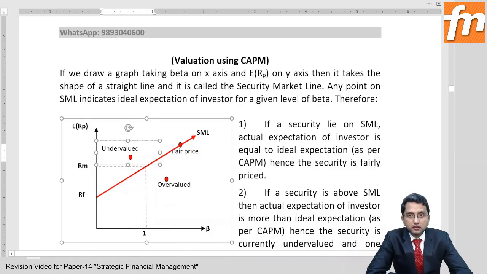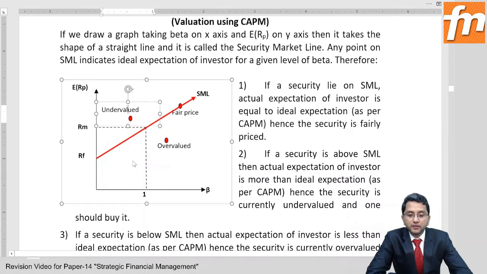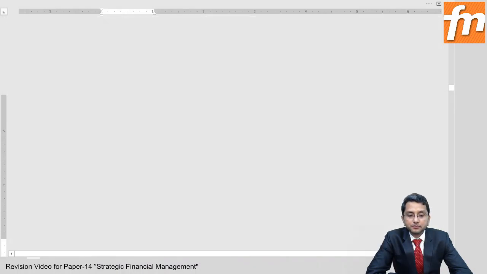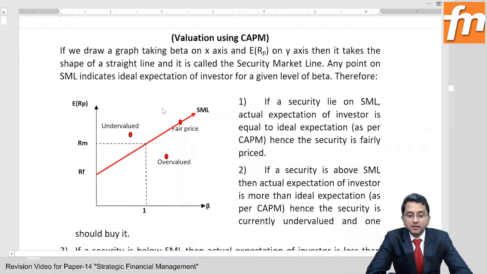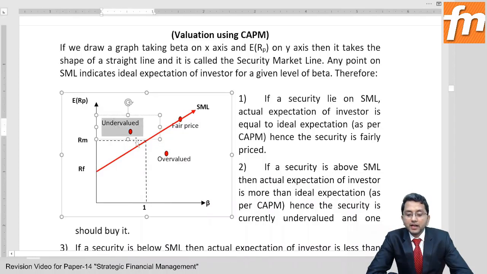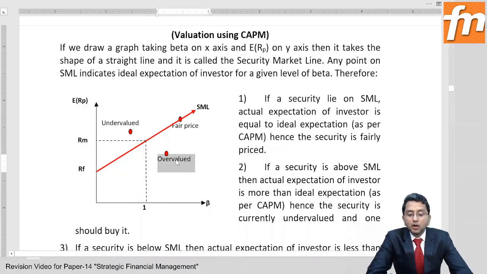Actual expectation is more than ideal expectation, and you already know that value is equal to performance upon expectation. So if expectation is high, value is low. And that's why any security which is above SML is undervalued. And vice versa. Any security which is below SML is overvalued.